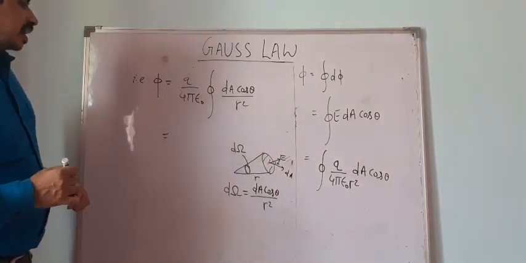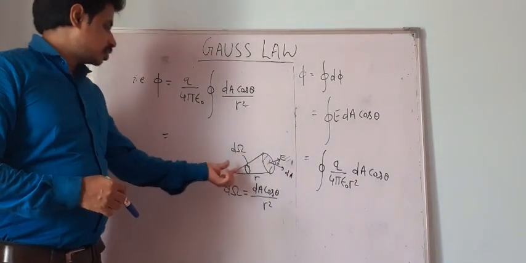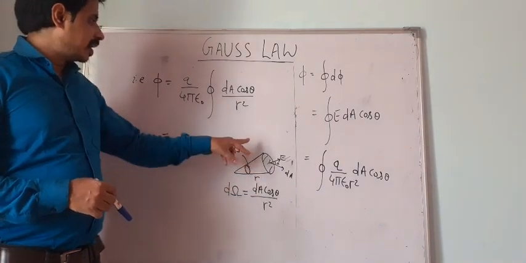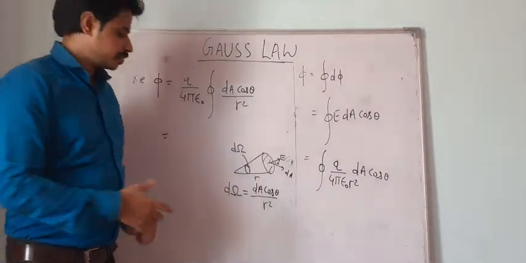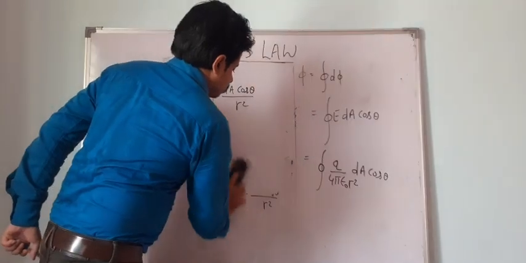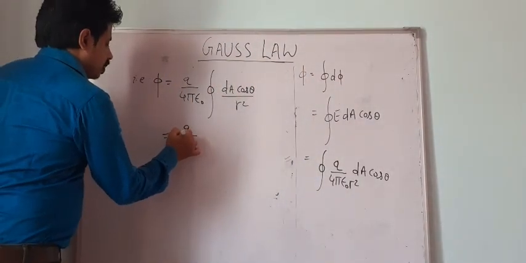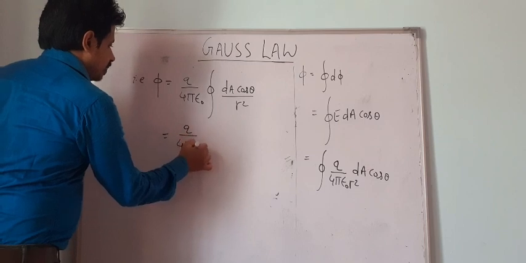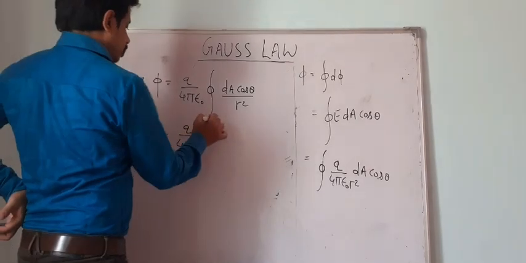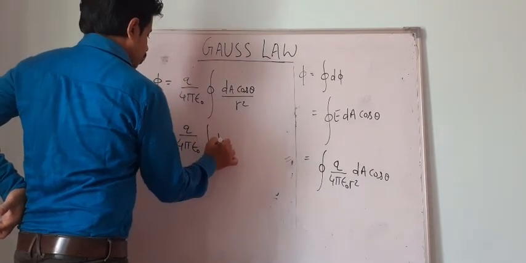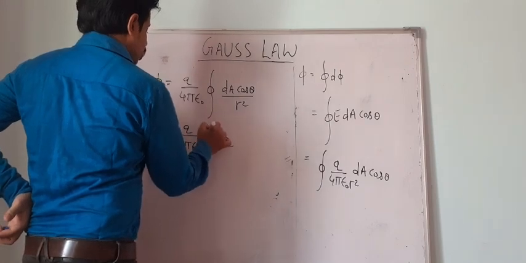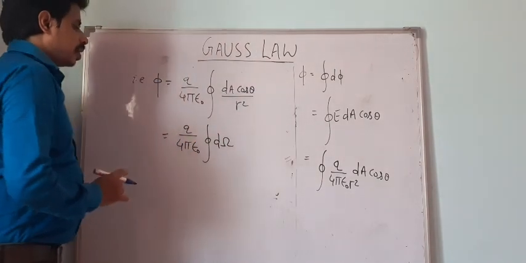So dA cos theta by r square is the small solid angle subtended by this surface. So it can be written as q by 4 pi epsilon naught into integral of d omega.